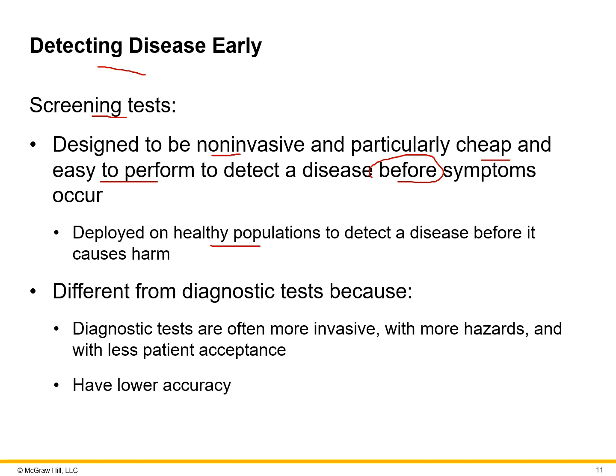And this is different though from diagnostic tests that are actually diagnosing what it is, because again, diagnostic tests are usually more invasive, with some more hazards, and with less patient acceptance. So people aren't as likely to be like, oh, sure, run that diagnostic test, and they can even have lower accuracy.